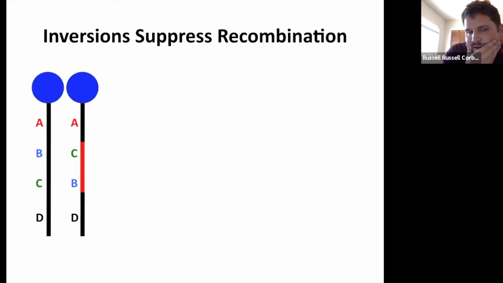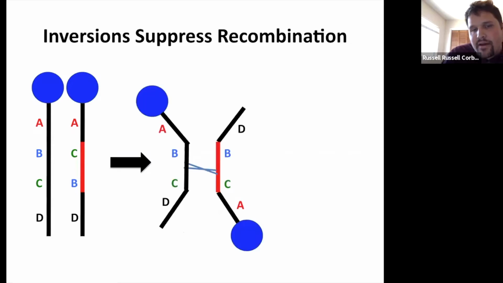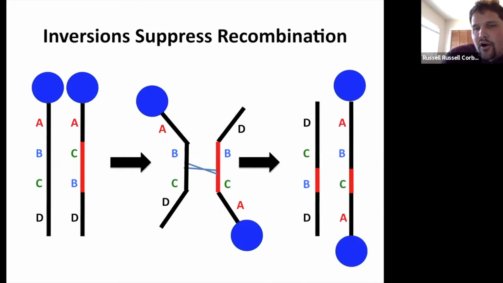And one thing that we have all agreed on, we think, is the big effect of inversions, is that they suppress recombination. So if you had an individual heterozygous for an inversion, so that, again, that middle region is reversed on one of the 2 chromosomes, during meiosis, if you had a crossover event, shown here within the inverted region, then the meiotic products that come out aren't very good.